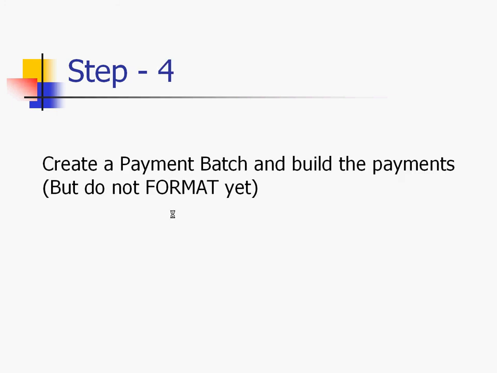Next, create a payment batch, which will create some actual payments in it, and then you build the payments, but do not format yet. When you go to the action window, you select the checkbox and build, but do not format yet.